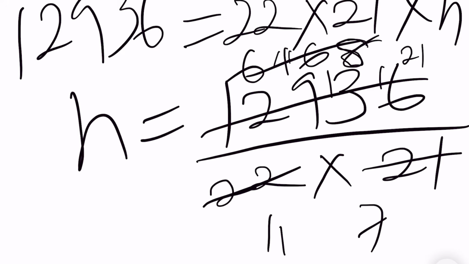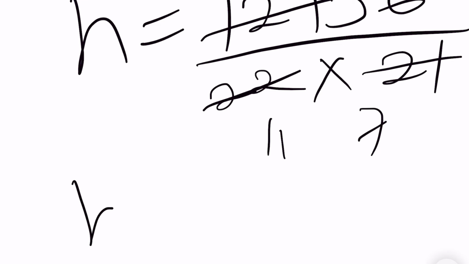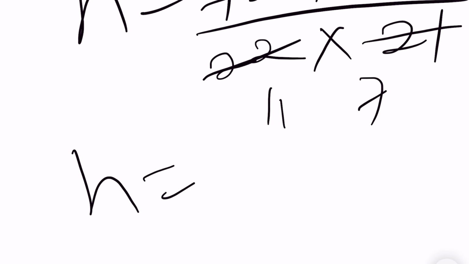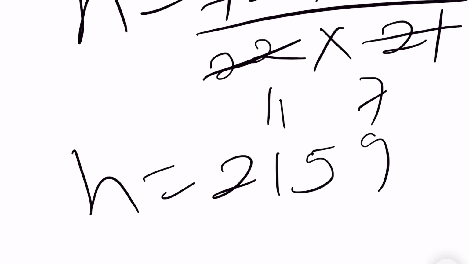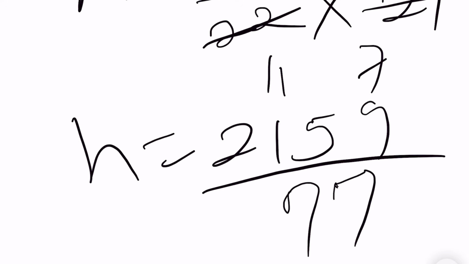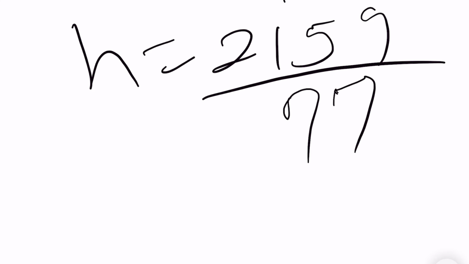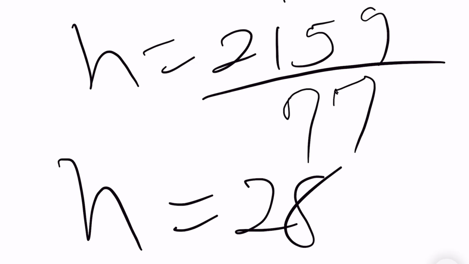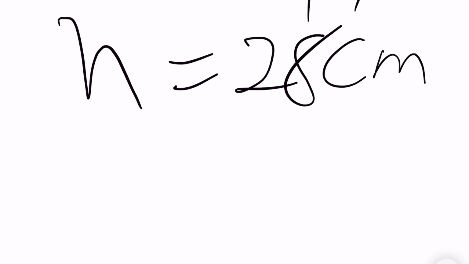In 16, 3, we have it to be 5, and in 18 we have it to be 9. So we have our h to be 2159 over 77. So when we divide 2159 over 77 by our calculator, we have our h to be 28 centimeters.